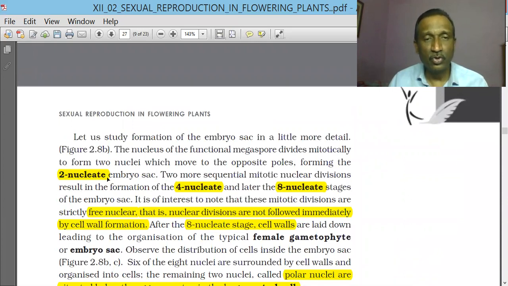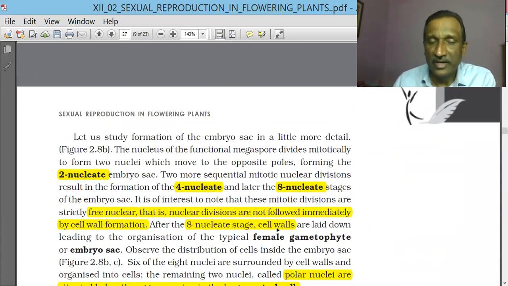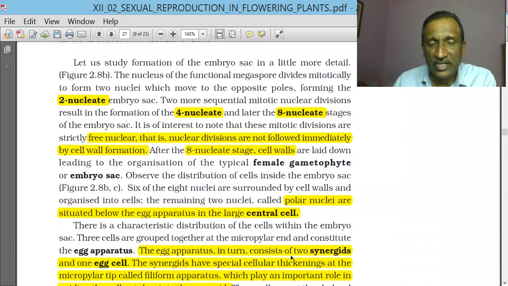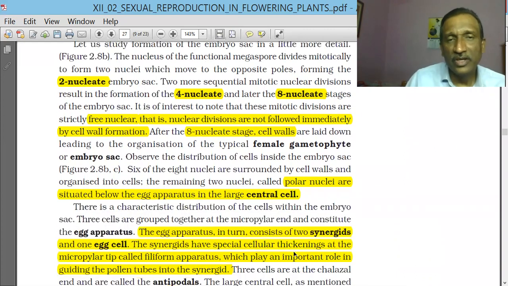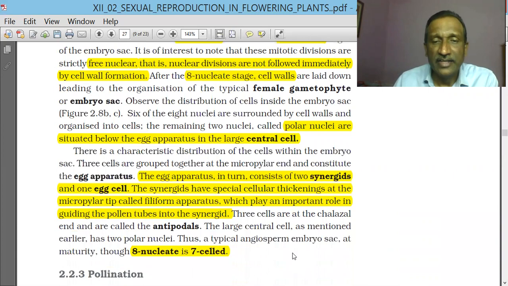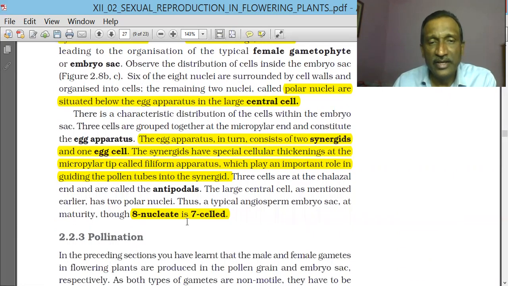First it will form two nuclei, then four nuclei and then eight nuclei, and the eight nuclei arrange themselves as 3 plus 3 plus 2: three at the micropylar end, three at the chalazal end, and two at the center. And then the two nuclei of the center fuse together to form the polar nuclei, and that is how we get an 8 nucleate but 7 cell stage.